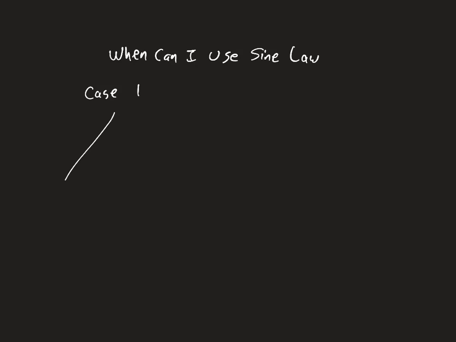if I have, let's say my triangle again, and in this triangle I have two sides, let's say this side and this side, and an angle that belongs to one of those sides. Now you can see that this angle clearly belongs to the 49.